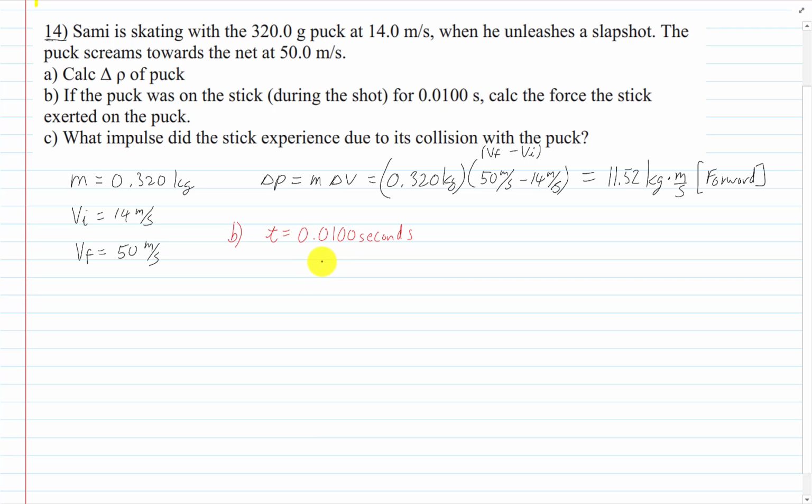So the formula that we're trying to use here is that impulse is equal to the change in momentum. And impulse is force times the change in time, or just time by itself. You don't have to have the change in time. And it's equal to the change in momentum, which we already have, which is 11.52 kilograms meters per second forward.